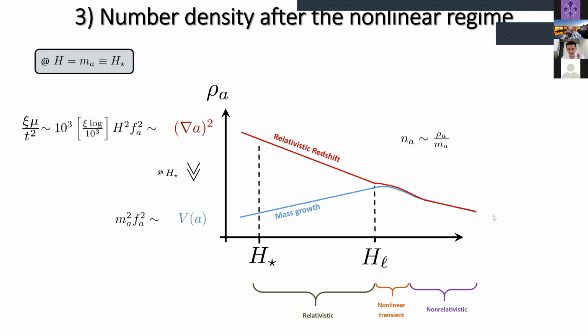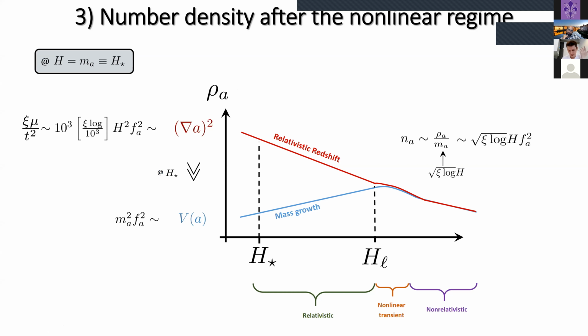And this axion mass is determined by equating these two quantities. It's given by square root of xi log times m_a at H star. This therefore gives, plugging in rho_a, an enhancement of the number density of the kind square root of xi log H f_a squared, which is about square root of xi log larger than the misalignment, which is H f_a squared.